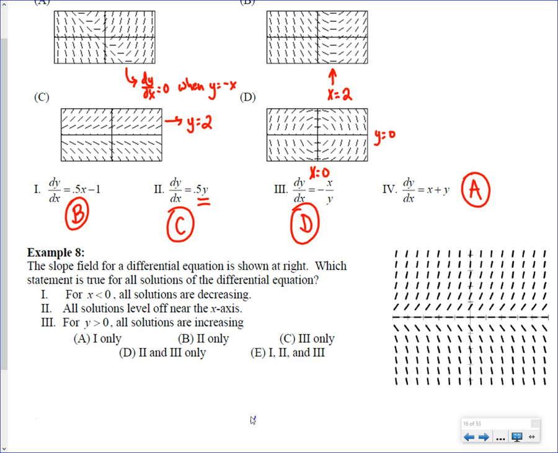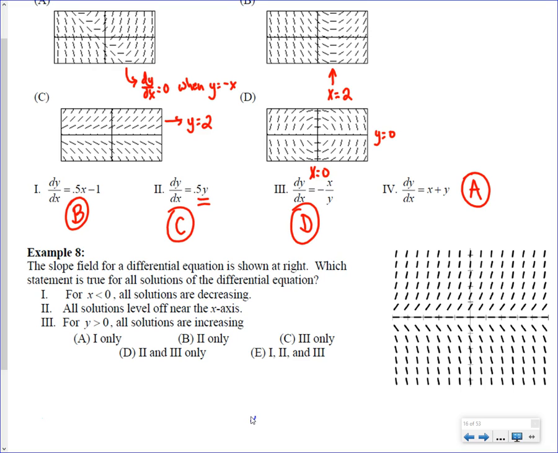So when x is less than 0, isn't that to the left of the axis? When x is less than 0, are the solutions decreasing? Yes and no, right? Depends on where you start. Solutions, this means flow. The y equals, back to the original. Follow the flow.